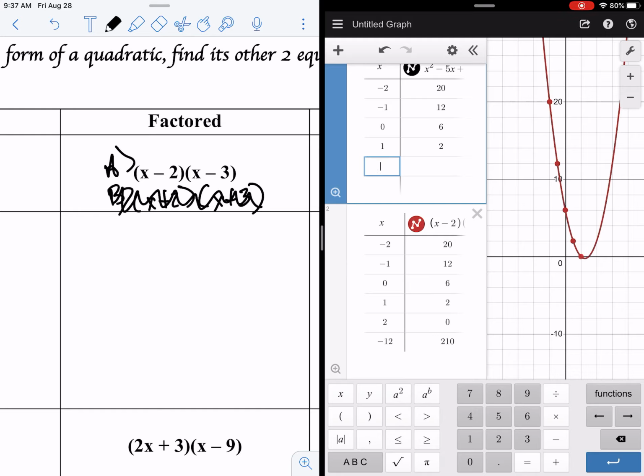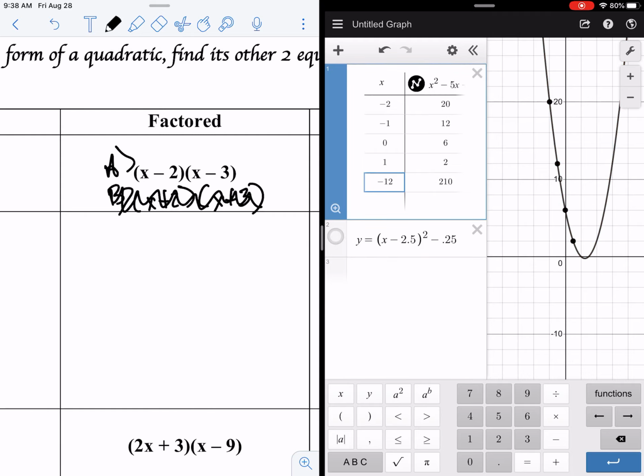You can come in and type that particular x value that you want to test. Negative 12 gives you 210, negative 12 also gives you 210. Again, it comes down to the rule of 3. If you have 3 points that are equivalent in two tables, then your functions, or the forms of an equation, are equivalent. So I know the black, or the original, was equivalent to the factored.